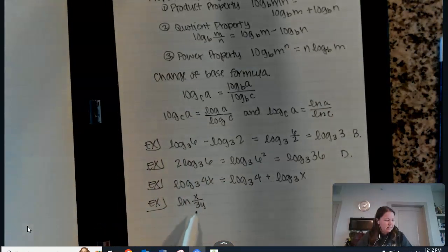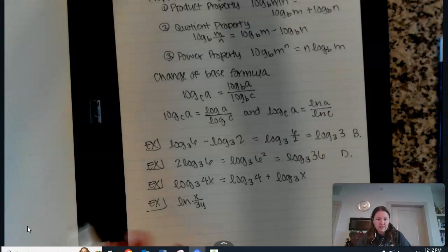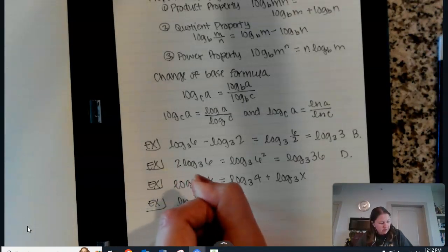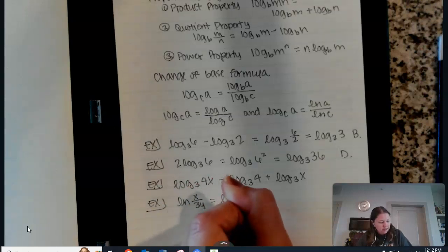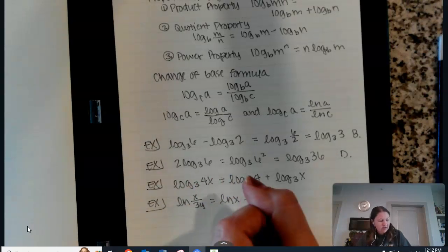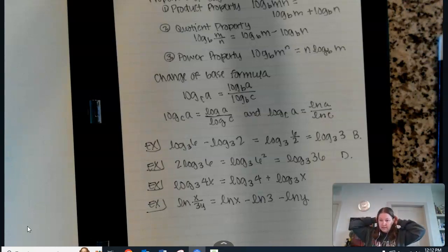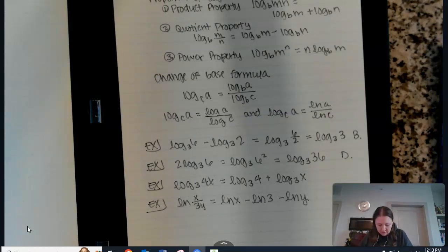So that's the same as x divided by 3 and x divided by y, right? So when I go to expand this, I'm going to have the natural log of x minus the natural log of 3 minus the natural log of y. So I'm just going to keep subtracting them since they're all being divided. In 19, don't forget that your square root is the same as an exponent, so you'll have to do your power property there.